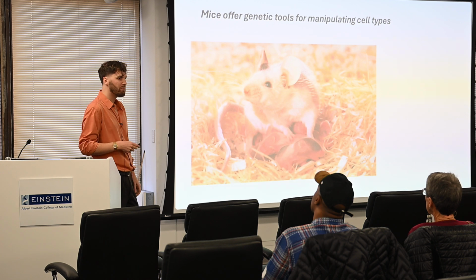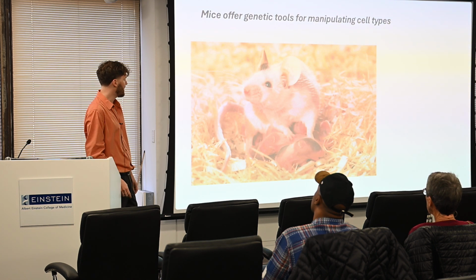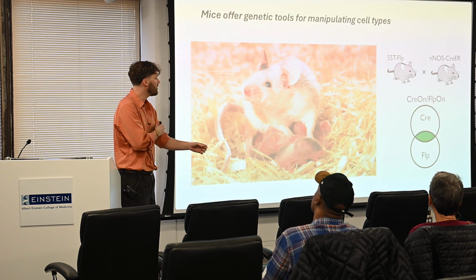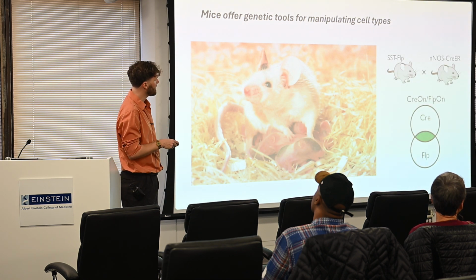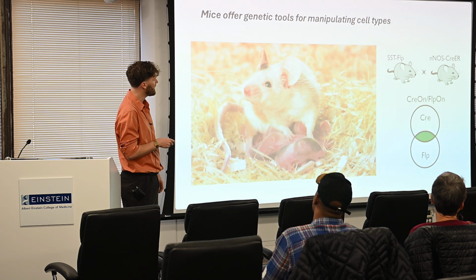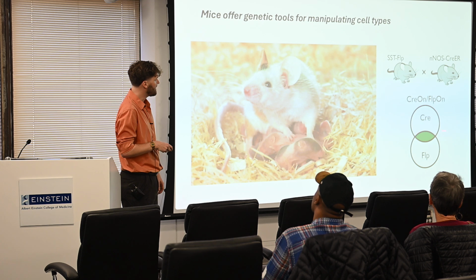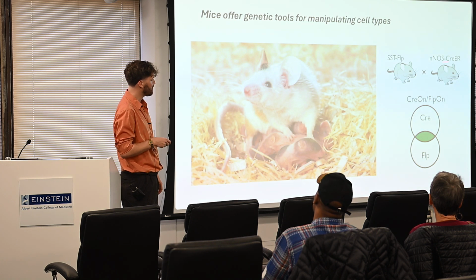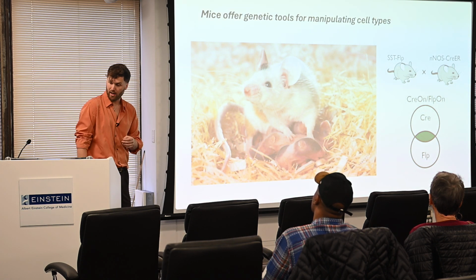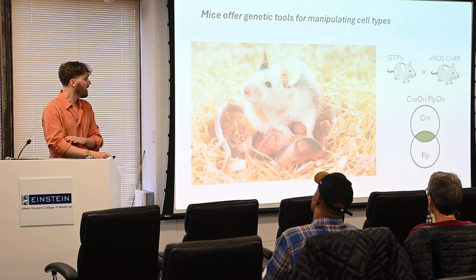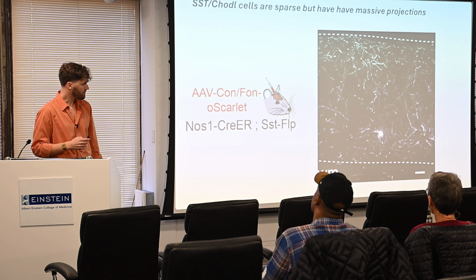But using mice, and in particular using a new set of tools at the time, intersectional genetics, we were able to target these cells based on the co-expression of two different genes, somatostatin and NOS1, which is coming up here again. Targeting the cells at the intersection of the expression of these two genes allows us to target and manipulate our somatostatin chodal cells.